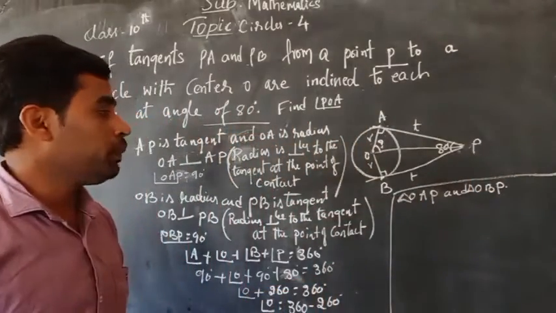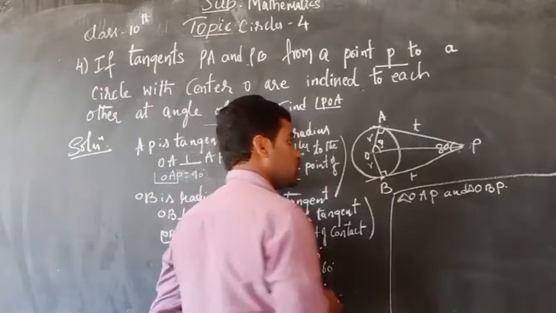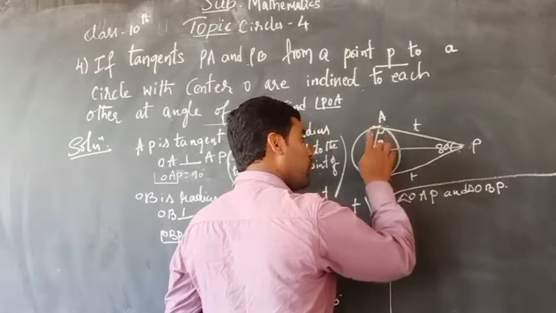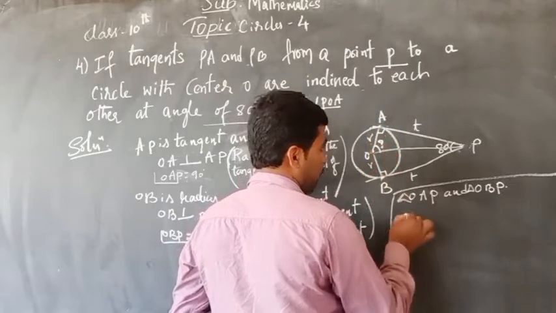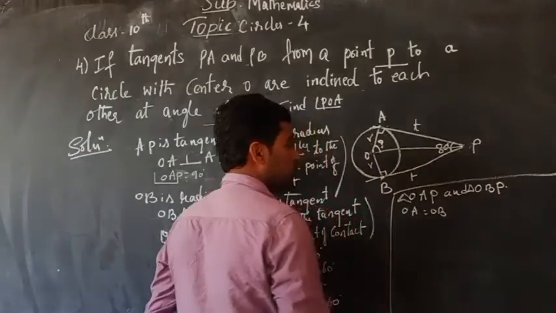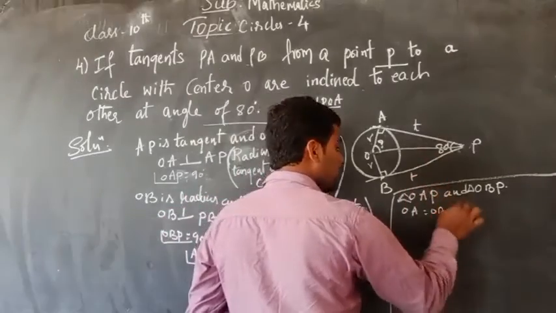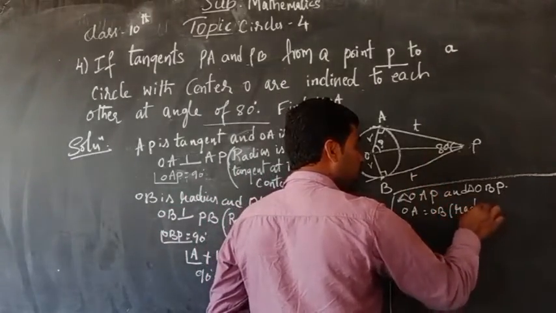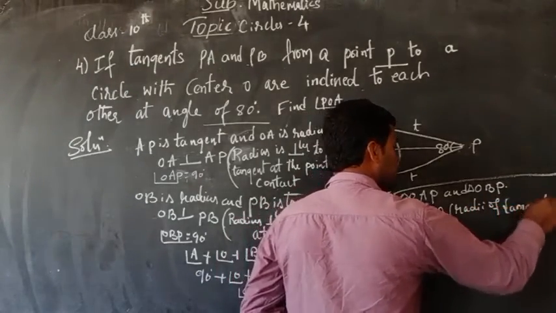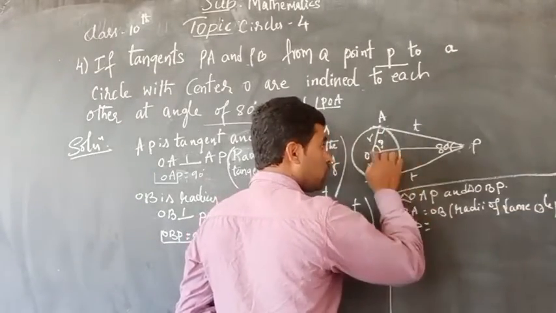In triangle OAP and triangle OBP, we can write the length of OA is equal to OB. The reason: radii of the same circle. Again, we can write OP is equal to OP.